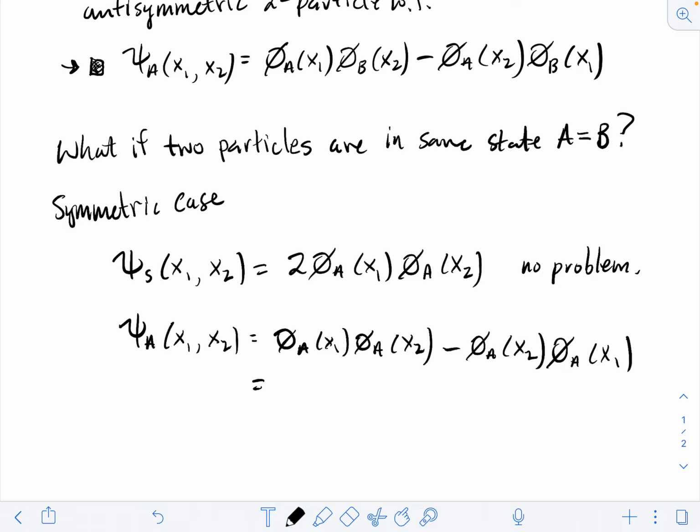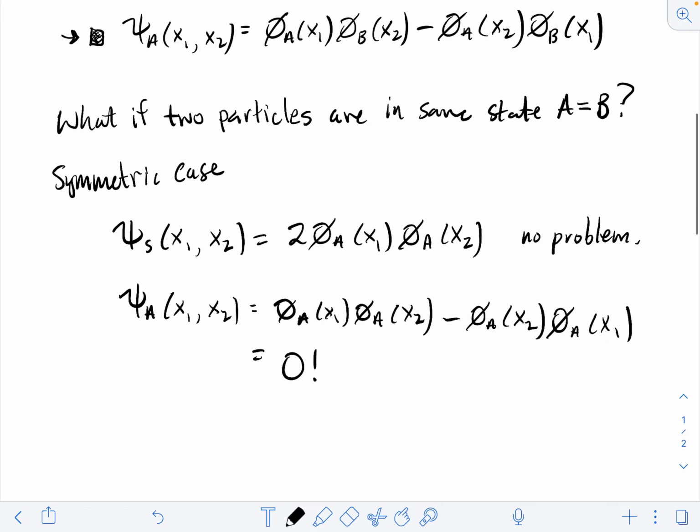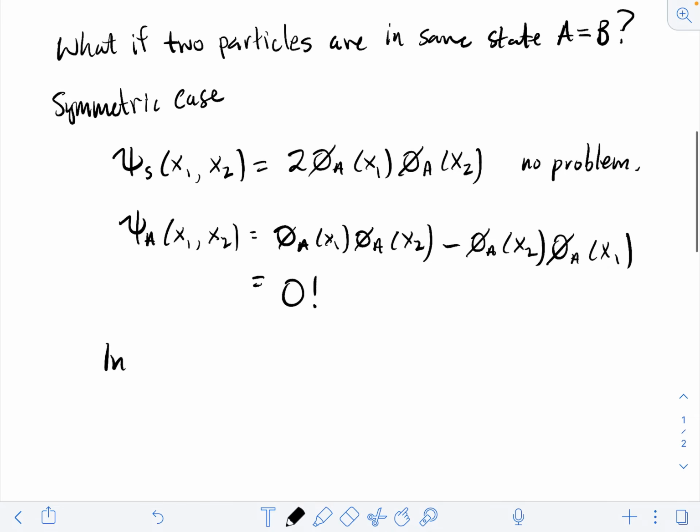And this is just the difference between two terms that are identical, and we get 0. The wave function vanishes.